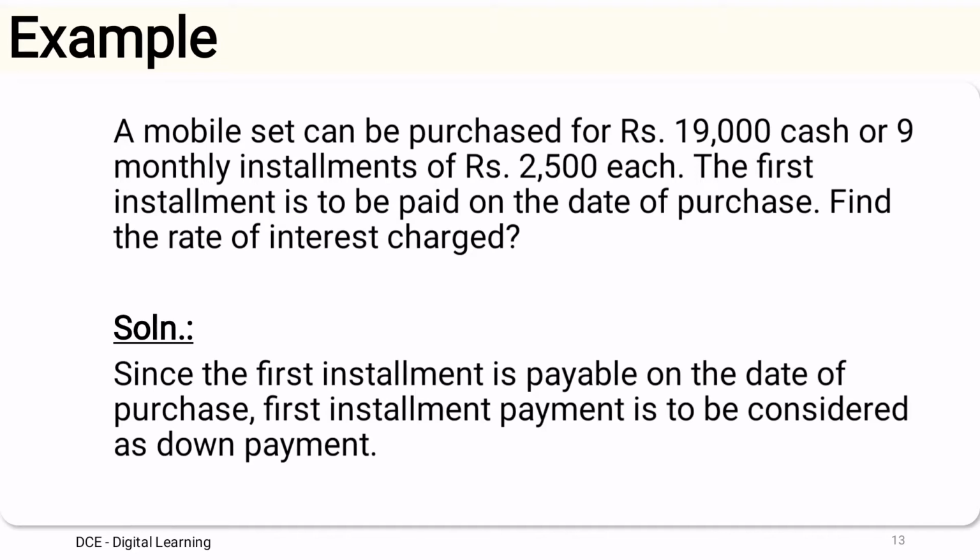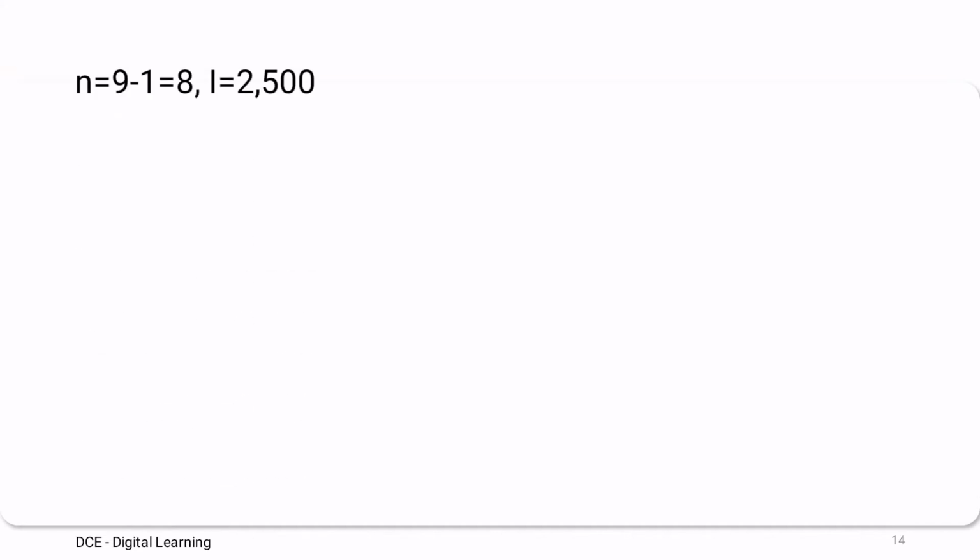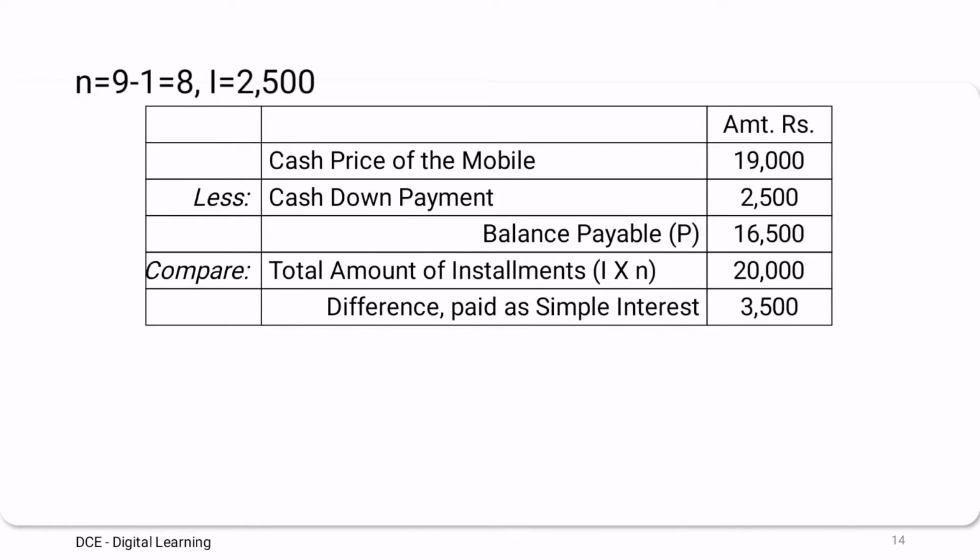So since the first installment is payable on the date of purchase, the first installment payment is to be considered as down payment. So here smaller n, number of installments, will be: since the first installment is to be paid on the date of purchase, it will be considered as a down payment.